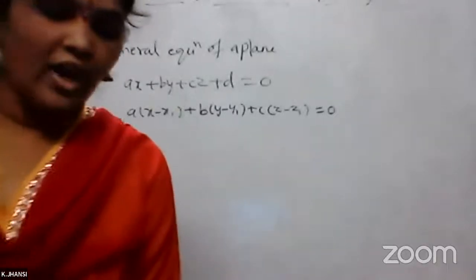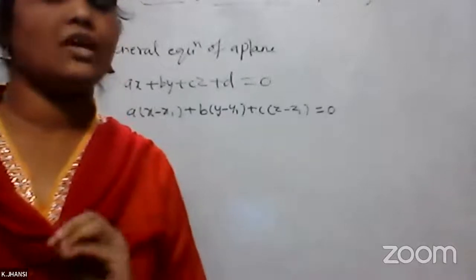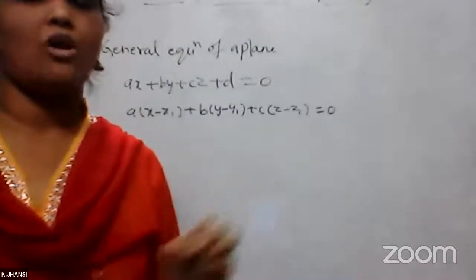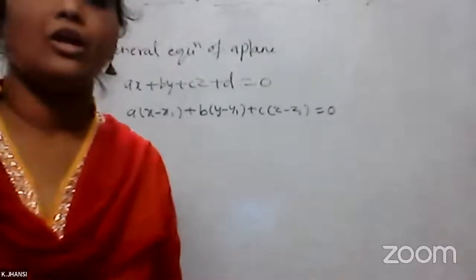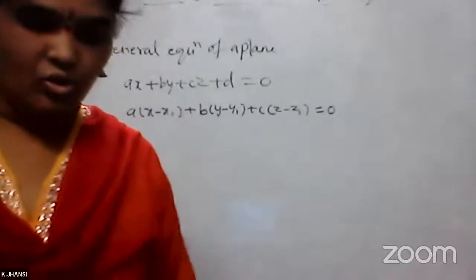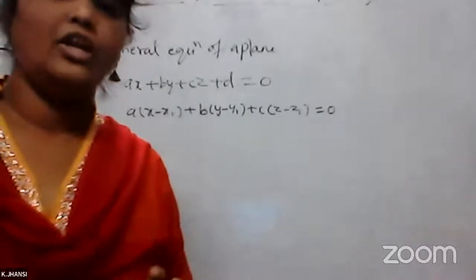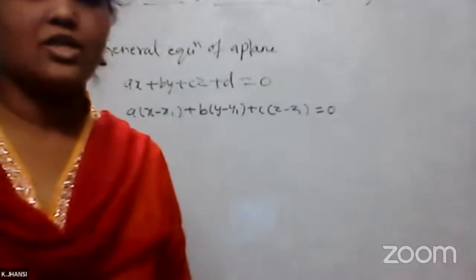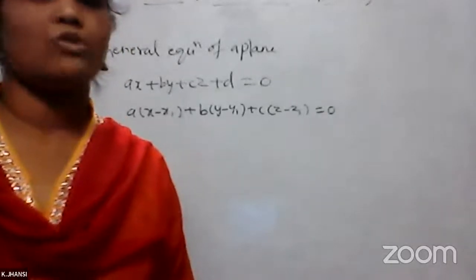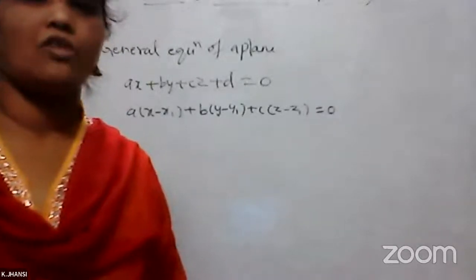And the condition for perpendicular is a1 a2 plus b1 b2 plus c1 c2 equals 0. If you substitute all these values and get the answer as 0, then the two planes are perpendicular to each other. You will compulsorily get one 5 marks question on the angle between any two planes, and they will ask these two conditions as objective type questions: what is the condition of perpendicularity and what is the condition of parallelism?